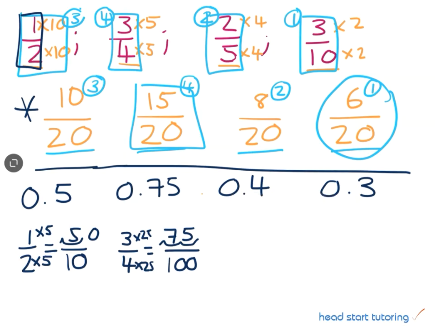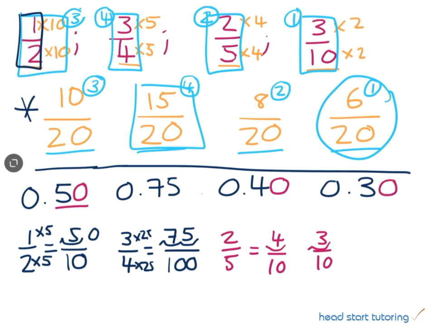Let's change our color. So we've got 2/5 is equal to 4/10. And 4/10, we bring in 1 decimal place because it's 4 divided by 10 to get 0.4. And 3/10 is already out of 10, so we just bring in 1 decimal place and we get an answer of 0.3. So then we can put in some placeholders here so that each of our decimals has 2 decimal places.